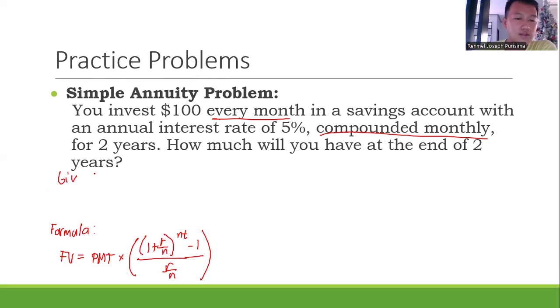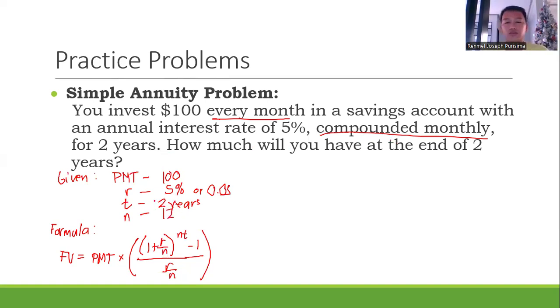For the given, our PMT is $100, our interest rate is 5% or 0.05, our t is 2 years, and our n is 12, since it is compounded monthly. So that is the formula and the given.